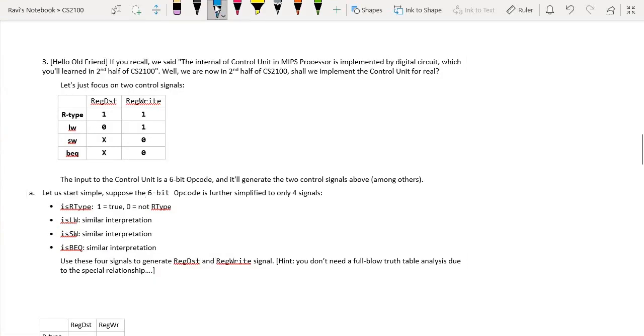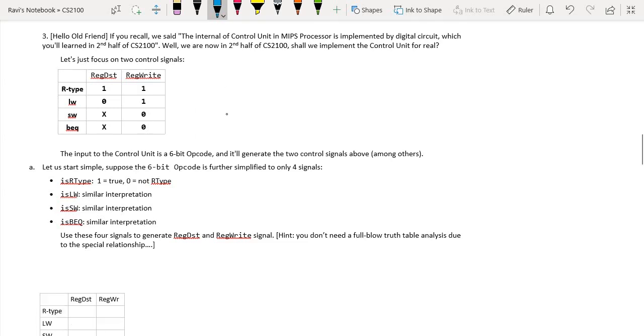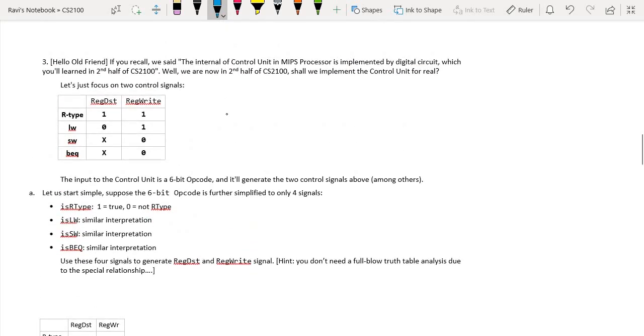Okay, for question 3, we are basically revisiting our favorite MIPS processor, and now we're going to focus on the control unit. As we have seen before, the control unit is responsible for generating all the control signals that will be used to channel the flow of information through the processor as it is executing an instruction.